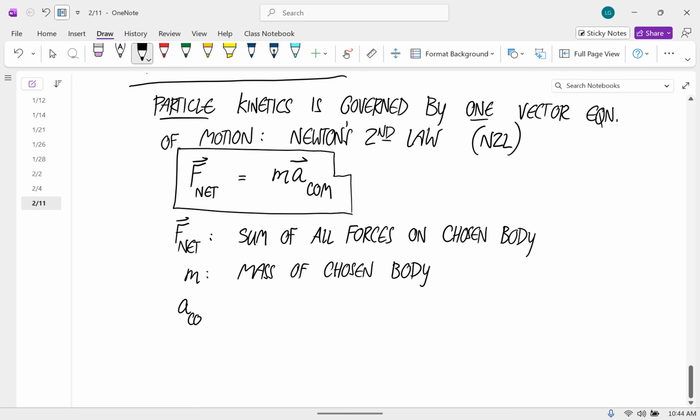And A COM is the acceleration vector of the center of mass of the chosen body.